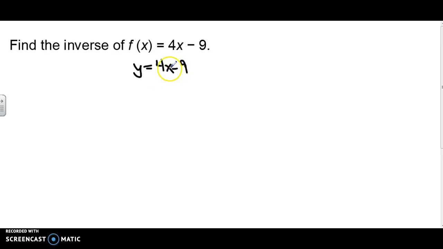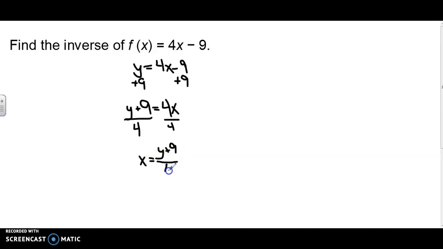So if you'd rather just solve for x here like we did yesterday, you'd add 9 to both sides, and that would equal 4x. Then you divide both sides by 4, and so x would equal y plus 9 divided by 4.